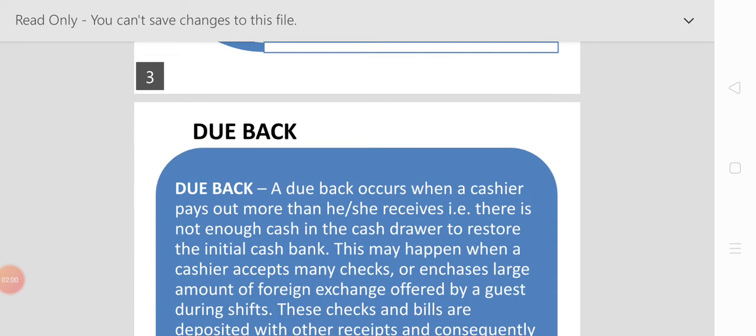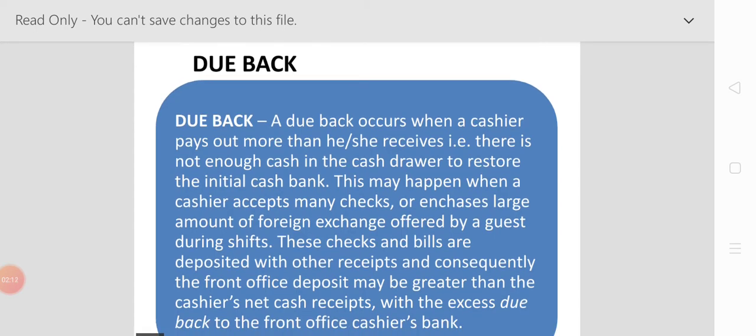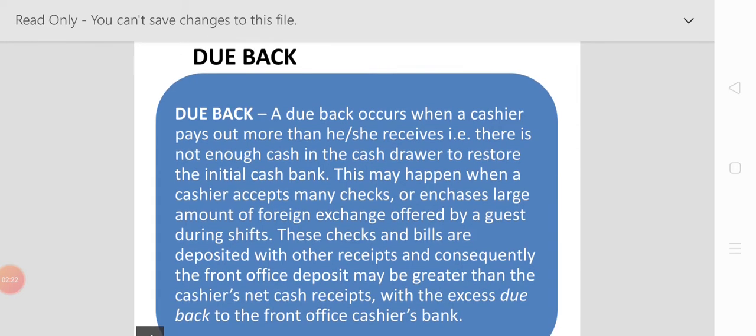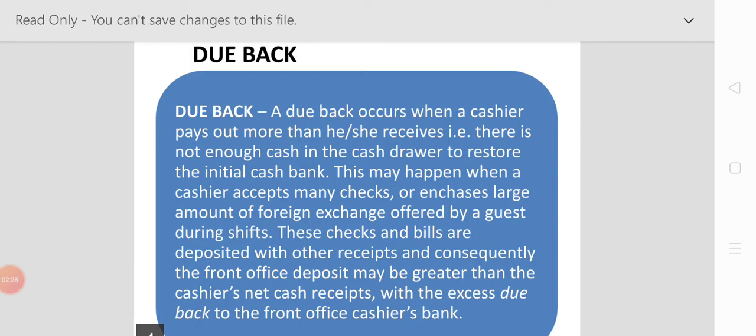Now come to the due back. A due back occurs when a cashier paid out more than he or she received. That is, there is not enough cash in the cashier drawer to restore the initial cash bank. This may happen when a cashier accepts many checks or cashes a large amount of foreign exchange offered by the guest during the shift.